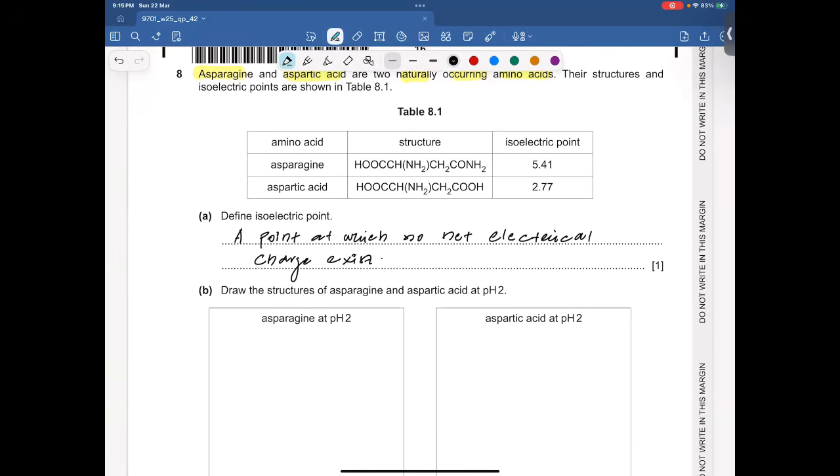Draw the structure of asparagine and aspartic acid at pH 2. So this pH is the pH of the buffer solution.